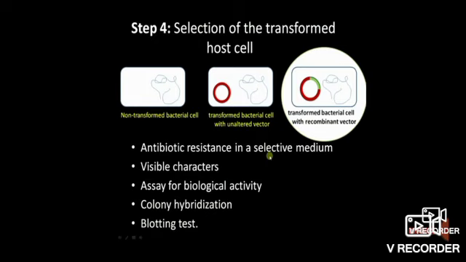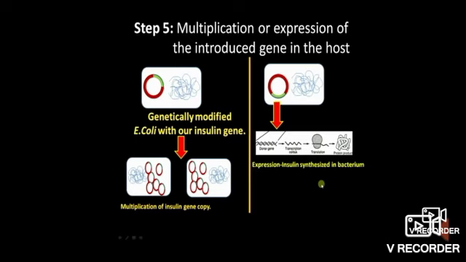So color appears in colonies in which we will be having our gene of interest, or maybe by colony hybridization or blotting test, etc. So these are all the methods by which we can select our transformed cells, transformed bacterial cells. Final step is multiplication or expression of the introduced gene in the host.